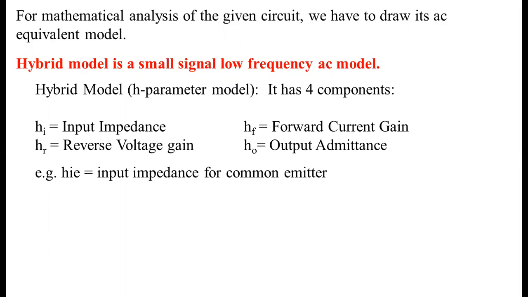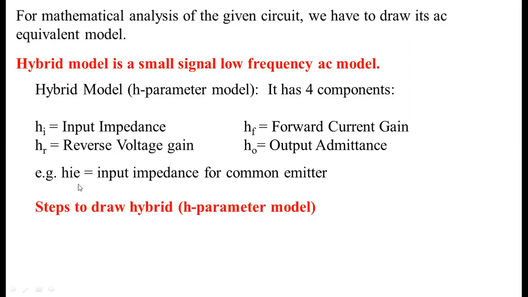For example, HIE, where E indicates which kind of configuration it is. So HIE stands for input impedance for common emitter. If it would be HIB, then it would be input impedance for common base. So in this way, we write the various H parameters for different configurations.